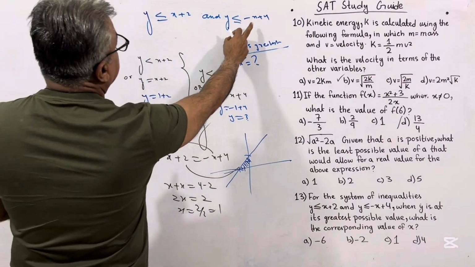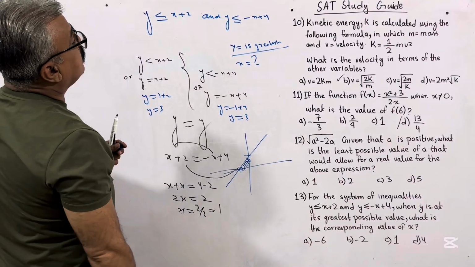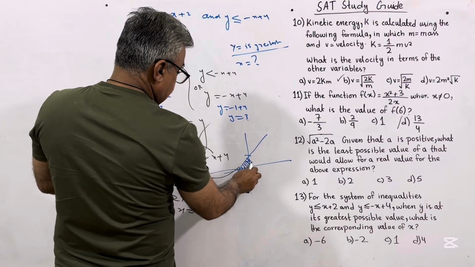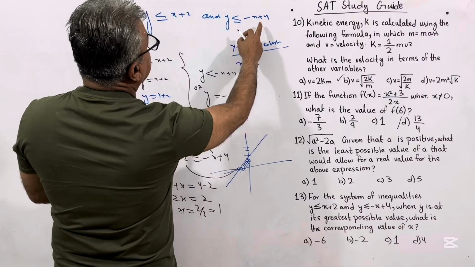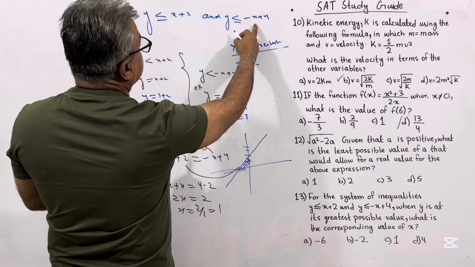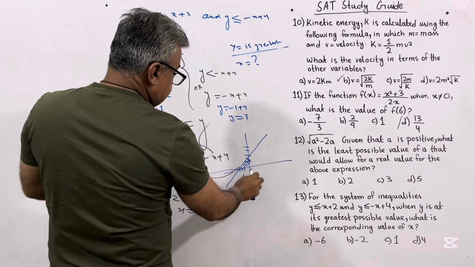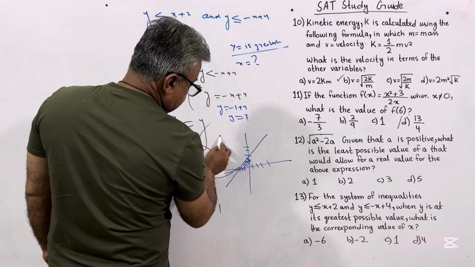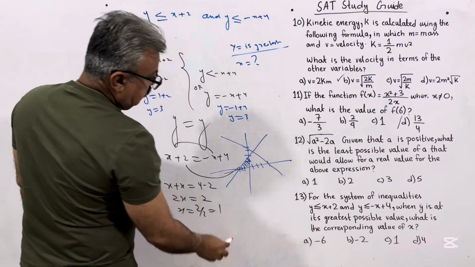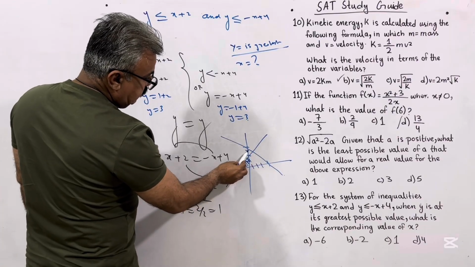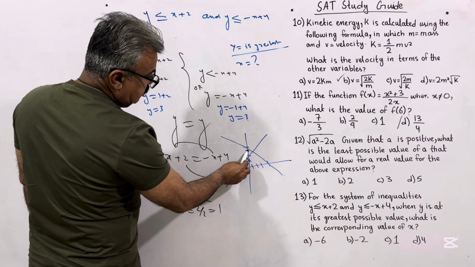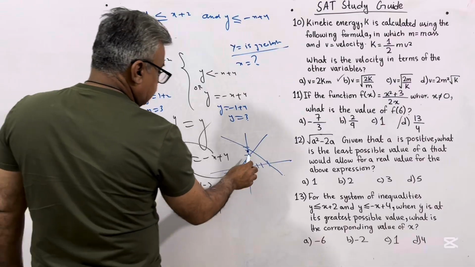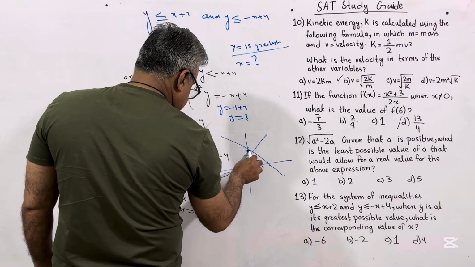Similarly, for the other, putting x is equal to 0, we have y is equal to 4, 1, 2, 3, 4. And if we put y equal to 0, we get x is equal to 4. So this is the max value, and that will give us x is equal to 1.